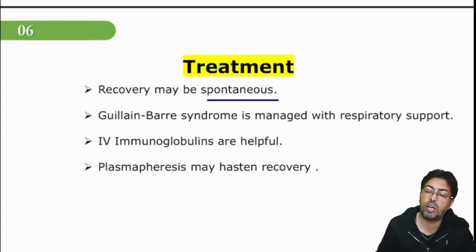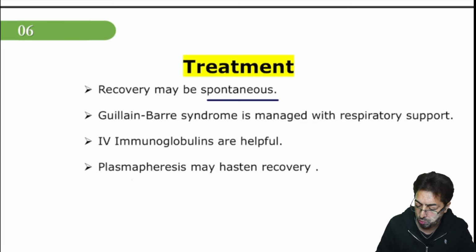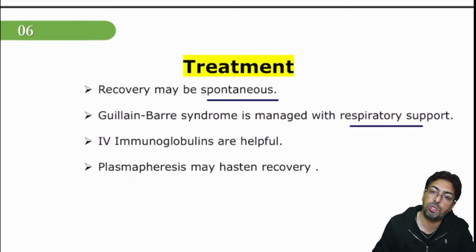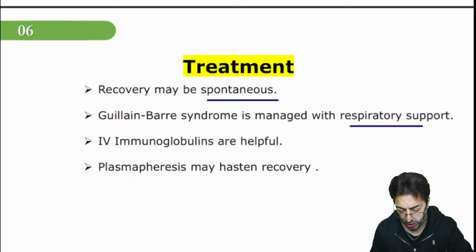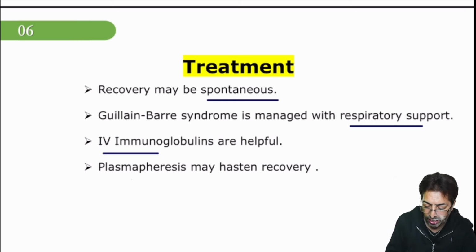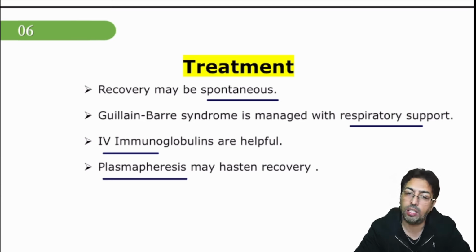Sometimes once the respiratory muscles are affected, as I previously mentioned, there might be a need for respiratory support. So respiratory support is needed in case of ventilatory insufficiency, and IV immunoglobulins have been found to be very effective, and plasmapheresis lately has been used in severe cases. So we have got the severity which determines and dictates the treatment plan.